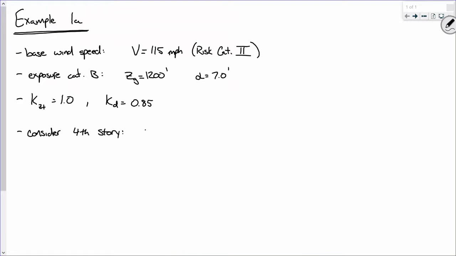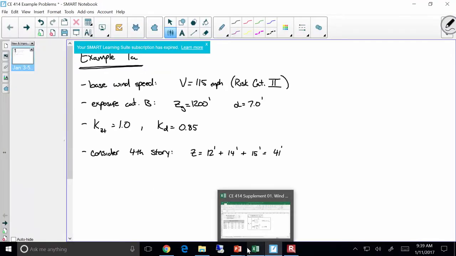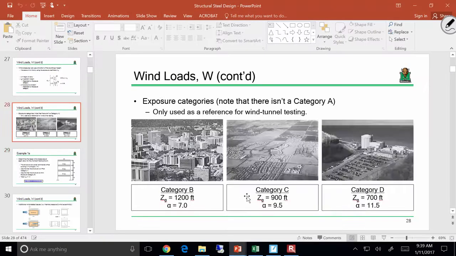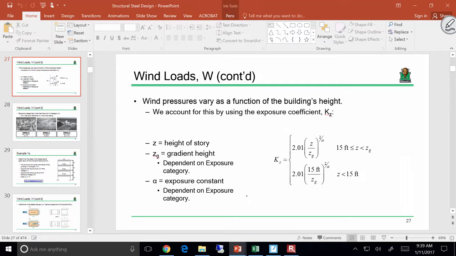So Z equals 12 feet plus 14 feet plus 15 feet, which comes out to what? 41.